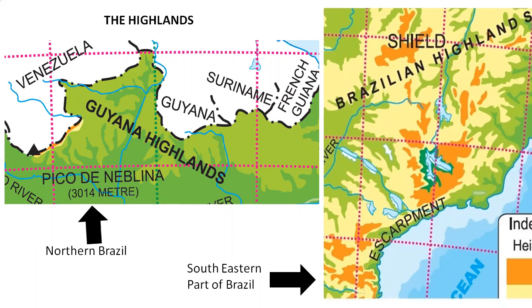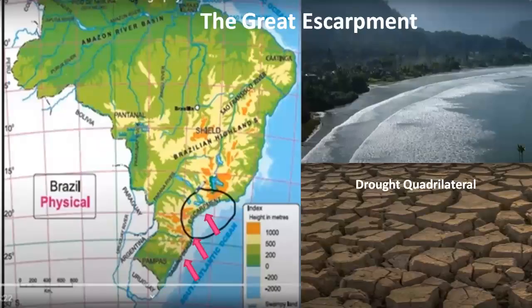To the south of the Brazilian highlands lies the Great Escarpment. This is the next physiographic feature in Brazil. The Great Escarpment is found on the eastern side of the Brazilian highland.